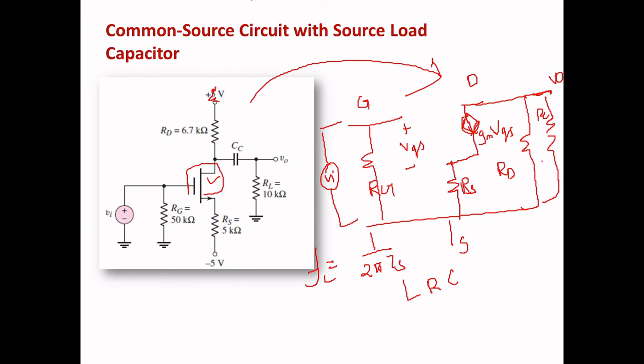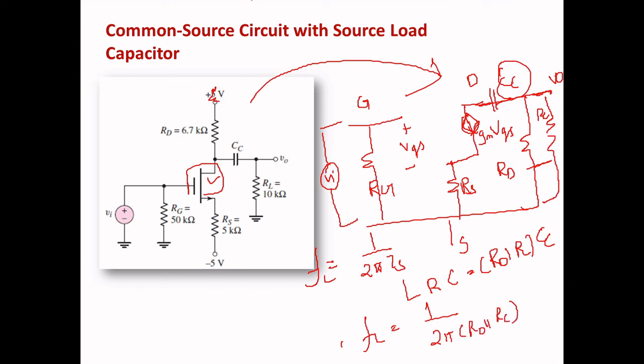RD is parallel to RL. Here you can see the output resistance RD is parallel to RL. So the tau will be RD parallel to RL into the capacitance, that is CC. You are finding for this part only, so you just multiply with the CC. So your cutoff frequency formula will be 1 divided by 2 pi RD parallel to RL into CC.